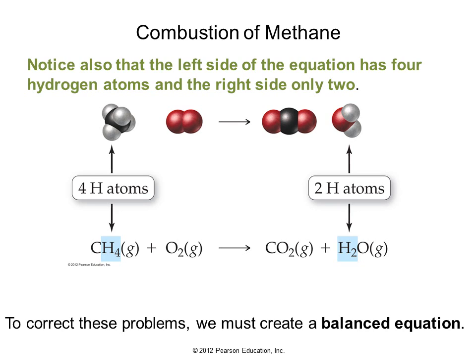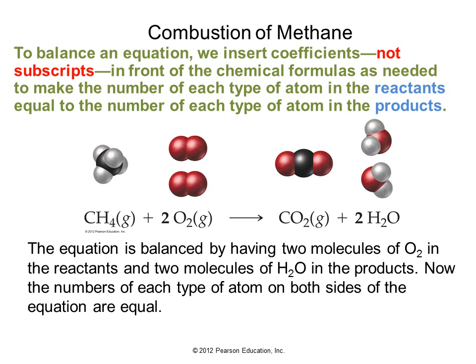So this is the situation. To correct this, we must balance it. The way in which we balance this is by making more than one of each type, and that is represented by inserting coefficients in front of the substance. So this 2 means 2 oxygen molecules, pictured here.